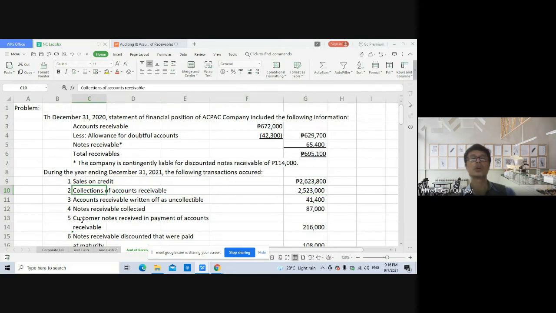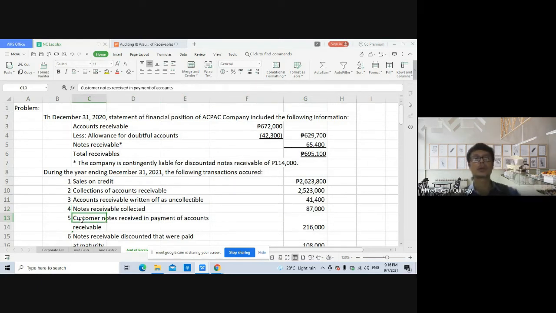We're going to prepare some journal entries. Number three, accounts receivable written off as uncollectible, 41,400. We will prepare a journal entry for the write-off of the accounts receivable. Then notes receivable collected, 87,000.